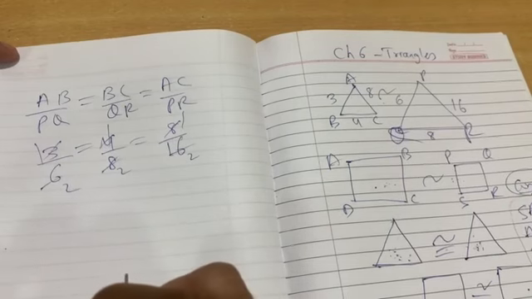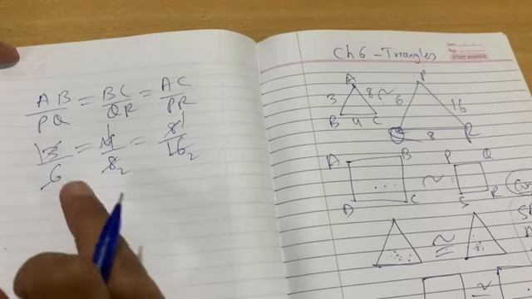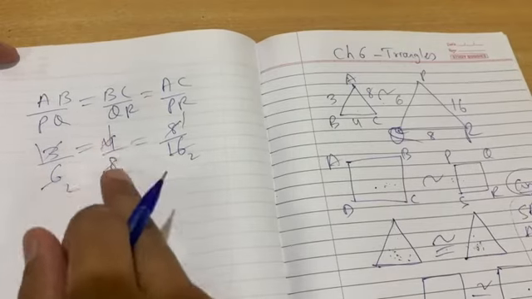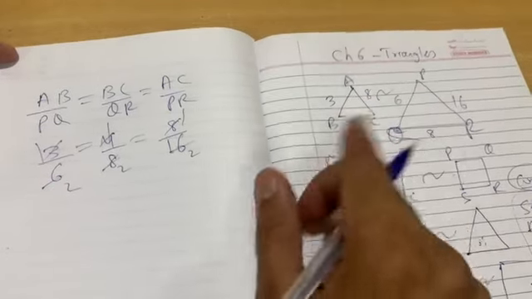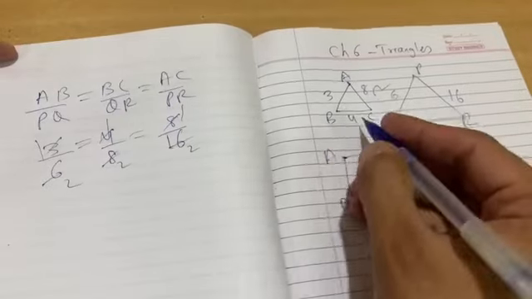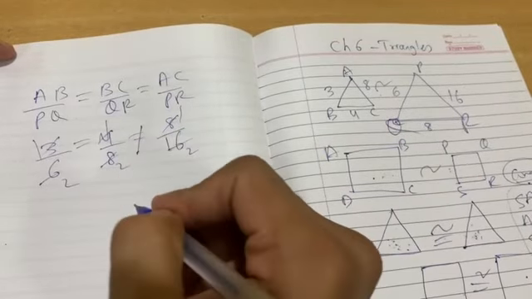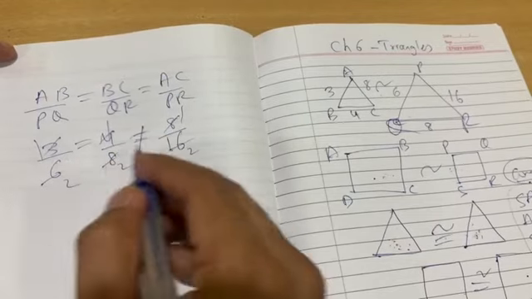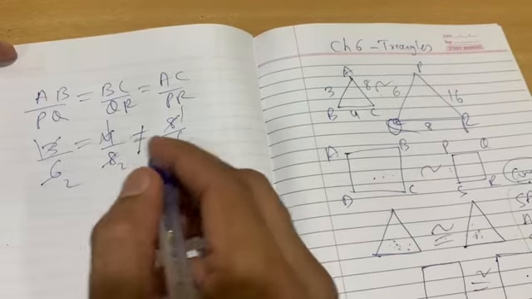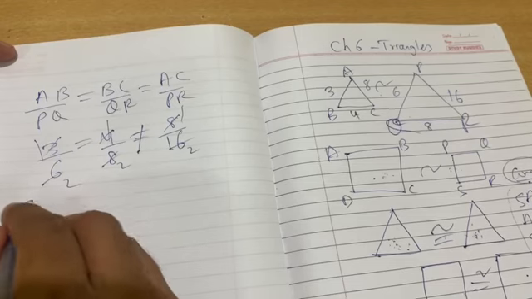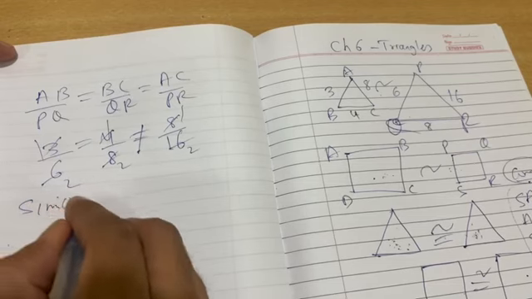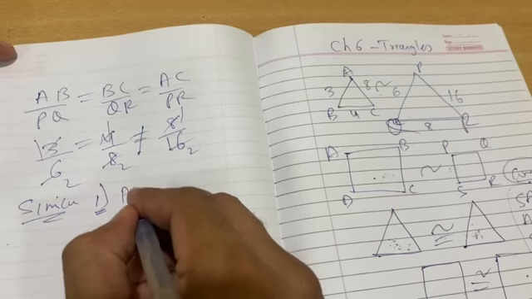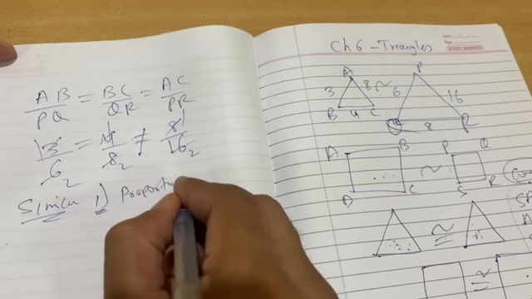So in order to find whether the figure is similar or not, the sides should be proportional to each other. I am observing all are 1/2, 1/2, 1/2. That's why I can say they are proportional. If it is not equal, then we cannot say it is similar. All sides should be proportional to each other. So for any triangle or figure to be similar, the first thing is they should be proportional.